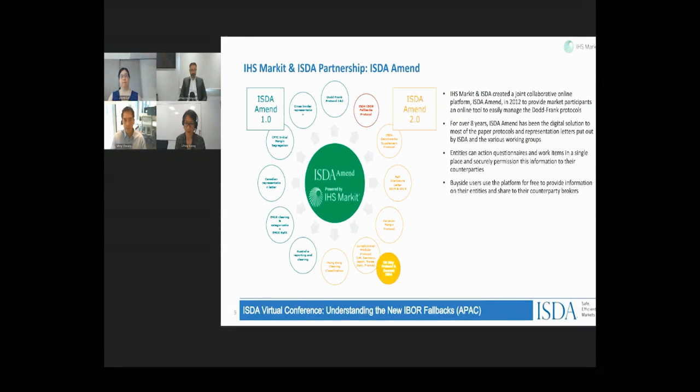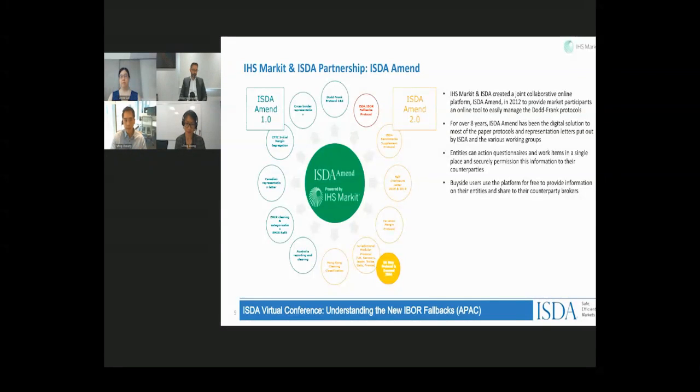Those of you who are not familiar, ISDA Amend is part of our regulatory hub within the Counterparty Manager ecosystem that allows clients to exchange tax, CRS, KYC, onboarding, and more importantly, a lot of regulatory information on a single portal.